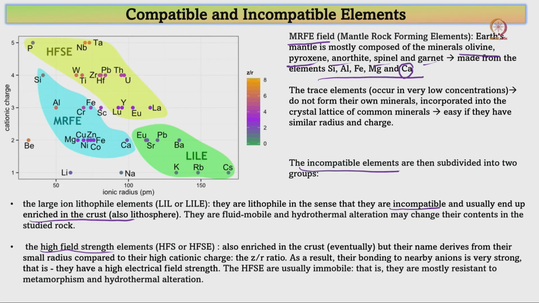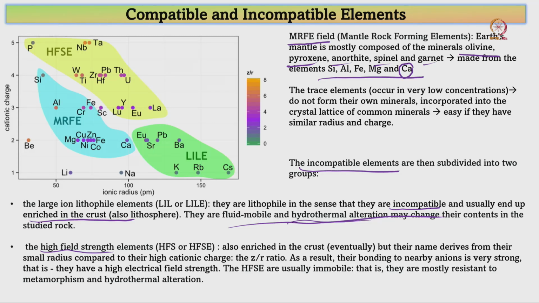So, they will be more enriched in the earth's crust, and these elements are also very fluid mobile, and hydrothermal alterations can easily change their values. Their concentrations are easily mobile, they are very soluble, and very prone to alteration. So, they will get altered if there is any hot liquid, they are more reactive in nature as compared to another group of elements called the HFSE elements.